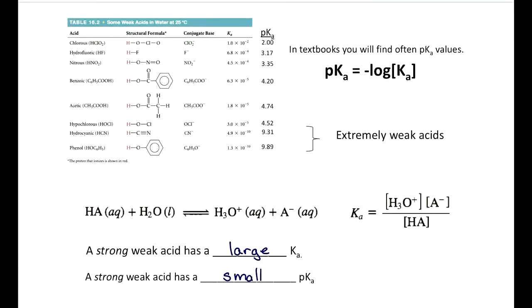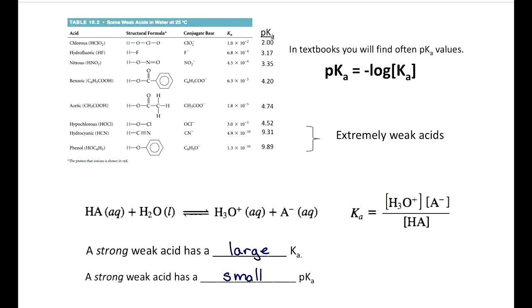And that's what this next slide is, okay? Strong weak acids. Weak acids that are really acidic, that make a lot of H+, have large Ka values because Ka is products over reactants and H+ is a product, right? So here's a bunch of acids, and then here are their Ka values.